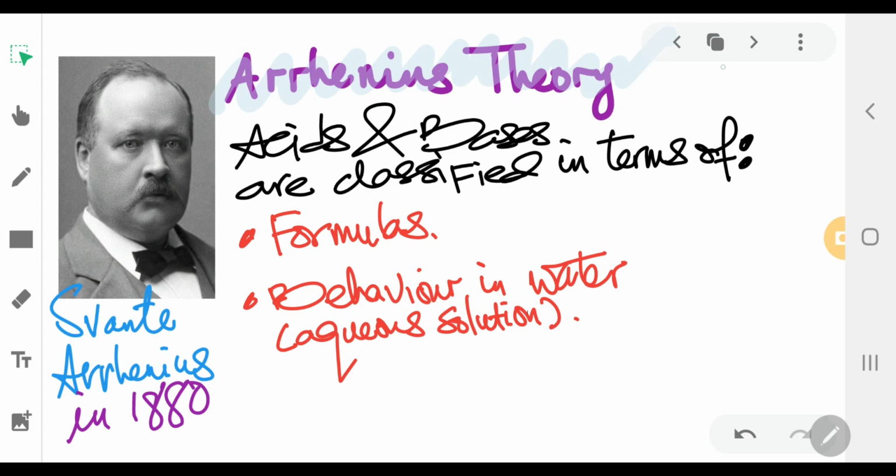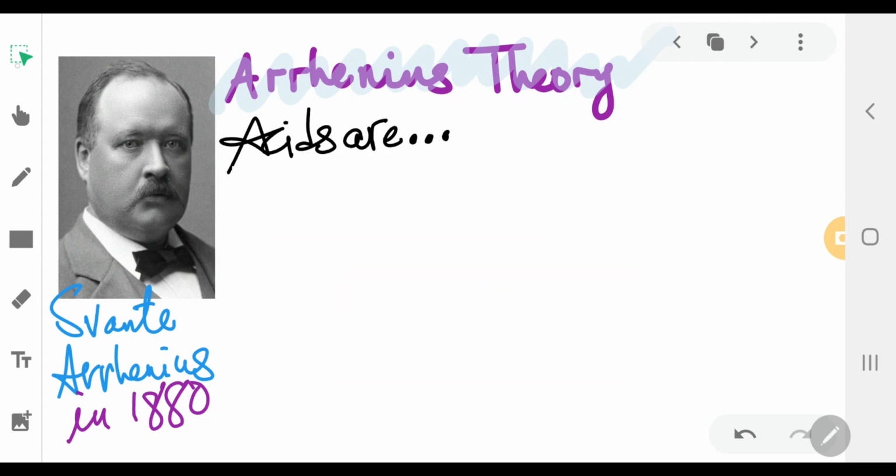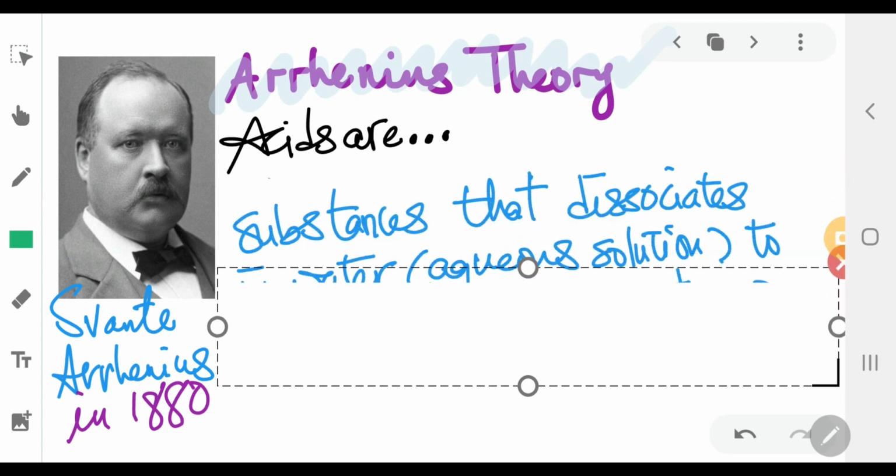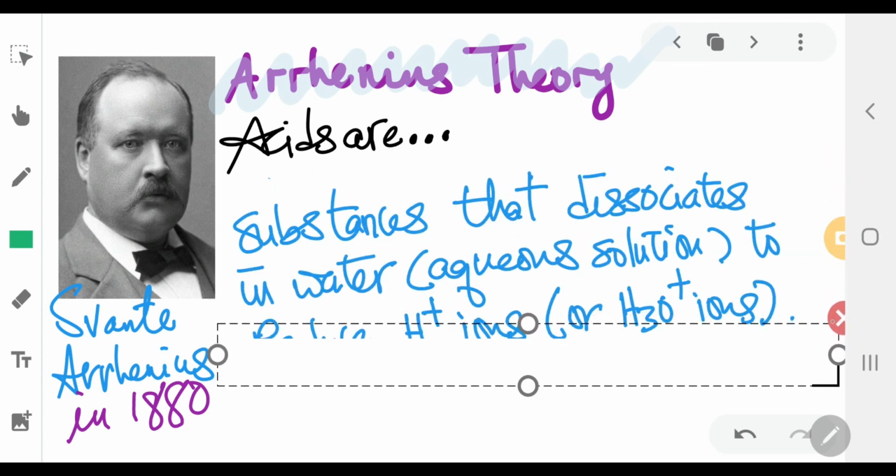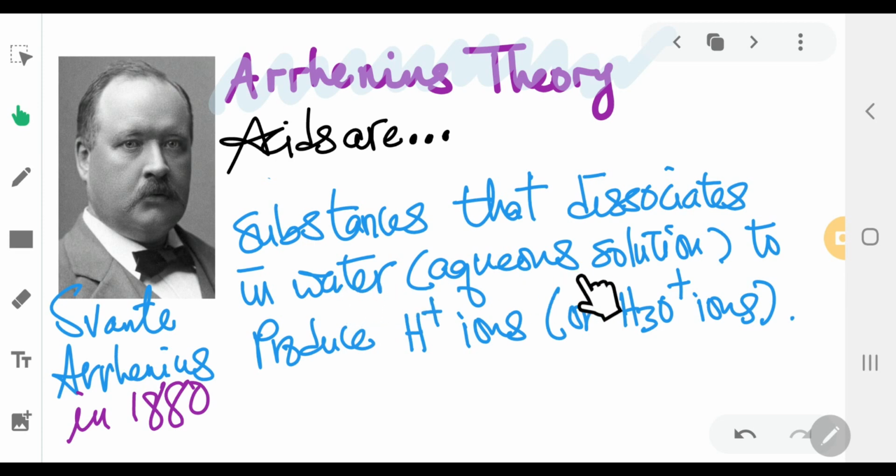This is how Arrhenius studied acids and bases in 1880, and he came to the conclusion that acids are substances that dissociate in water to produce H plus ions, or sometimes we can write it as H3O plus ions.